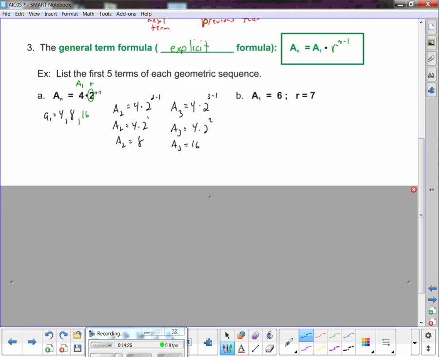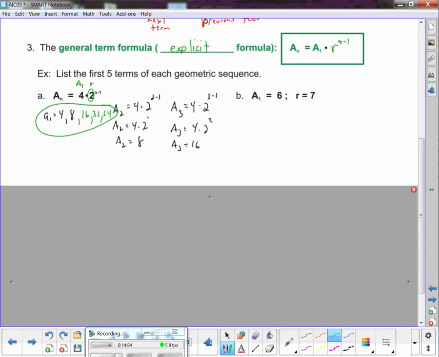But again, if I know r is 2, I know the fourth term is 2 times 16, which is 32. And if I know r is 2, the fifth term is 64. Okay? And there are the first 5 terms.